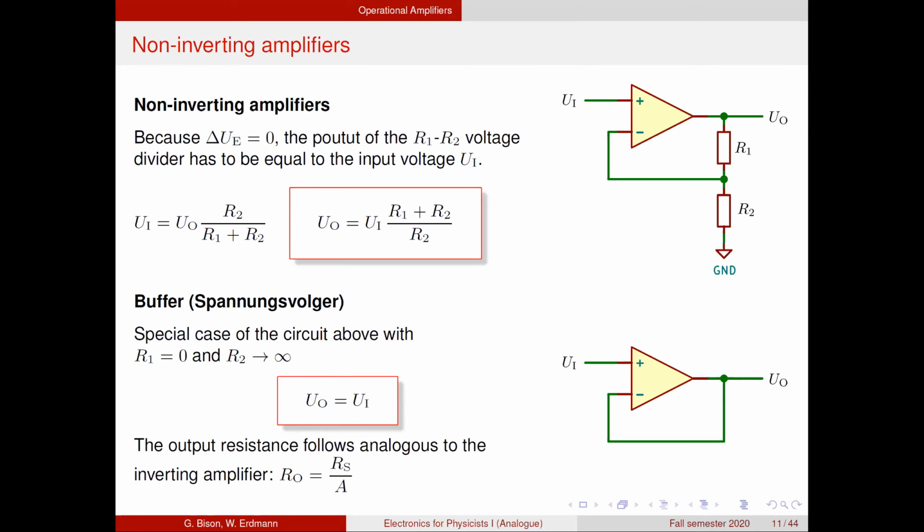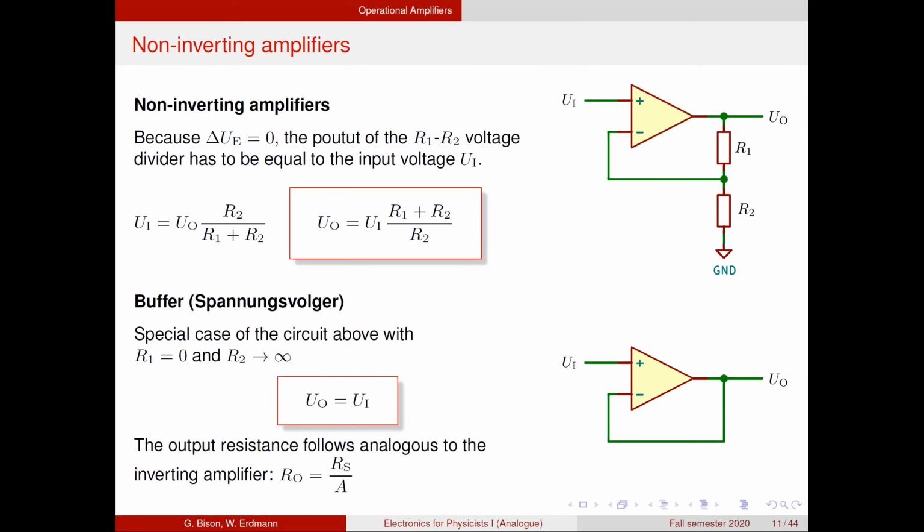And this helps us to see that whatever the output of this R1, R2 voltage divider is, with U minus and U out as input voltages, this is 1 voltage divider. And what comes out of this voltage divider has to be equal to the other voltage divider where we have U plus and ground as input voltages.